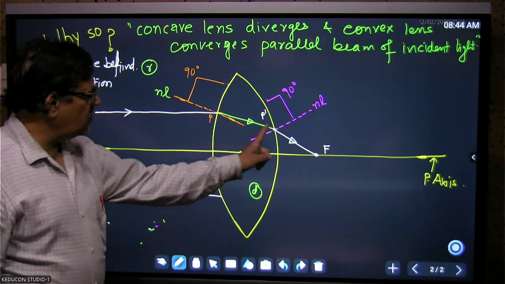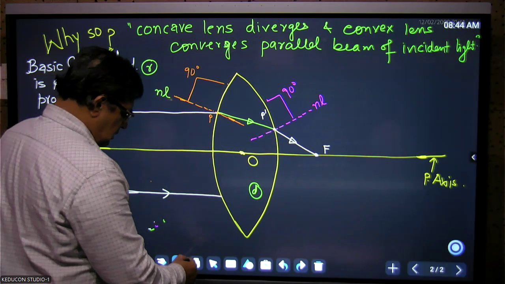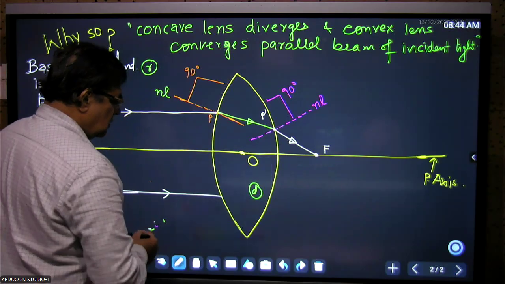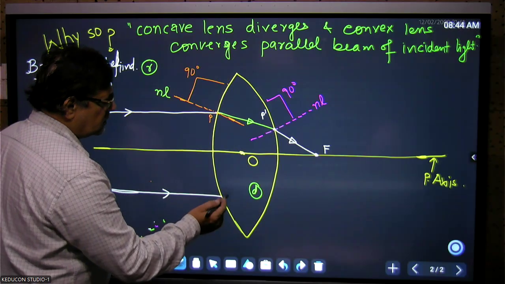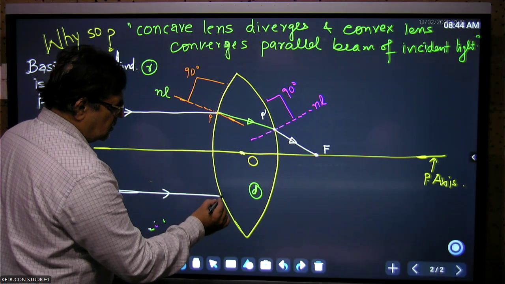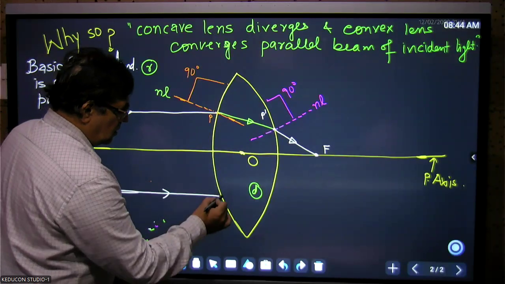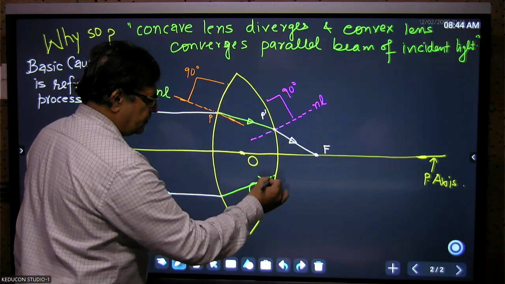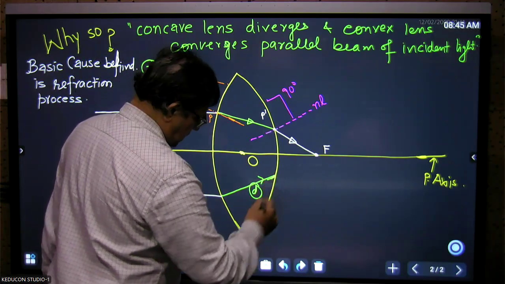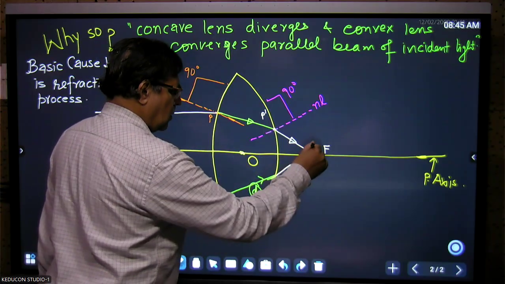So due to double refraction, right? If somebody says to me, sir, will it happen for this other ray of light? Yes, why not? So if I draw, naturally, here the ray of light will come, and then another ray of light I should show.